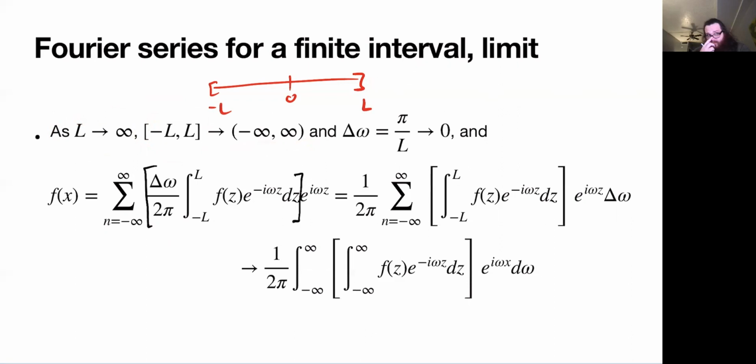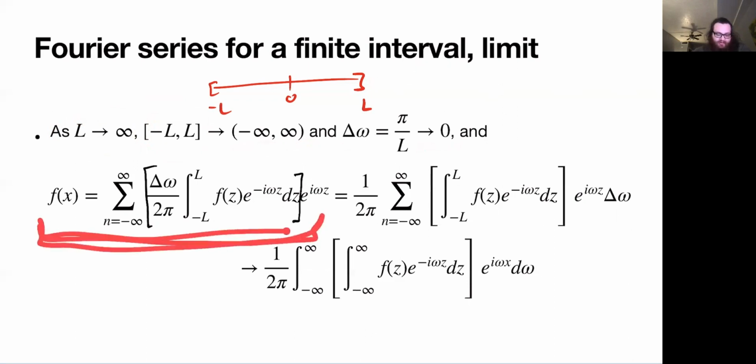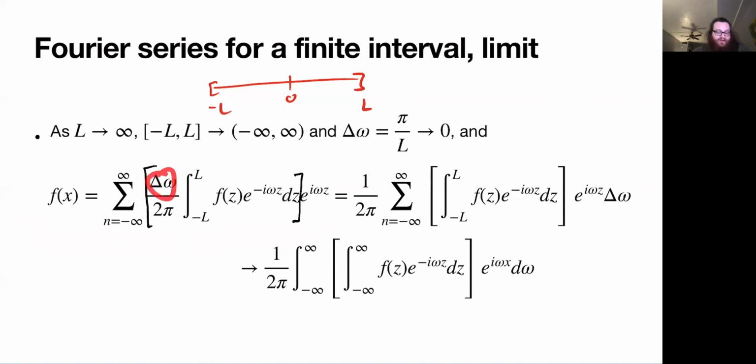As we noticed before, the increment delta omega tends to 0. We have this representation from before, where we're using delta omega over 2 pi instead of 1 over 2L. So we're going to take this 1 over 2 pi and move it out front, that's that.